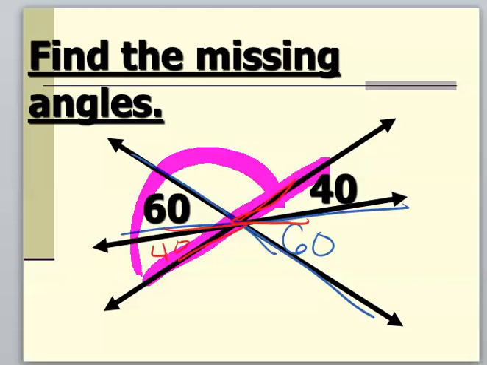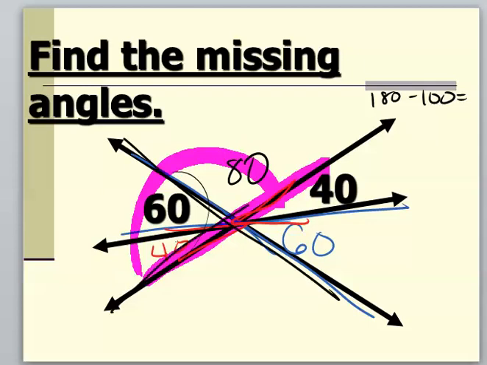So those 3 this time have to add up to 180. So if we do 40 plus 60 plus something, we get 180. 40 and 60 is 100. 180 minus 100 tells me this is 80 degrees. Since these are straight intersecting lines that form the 80, vertical to that is another 80 degrees.